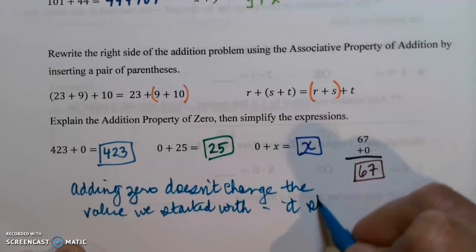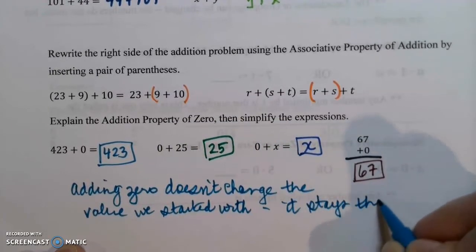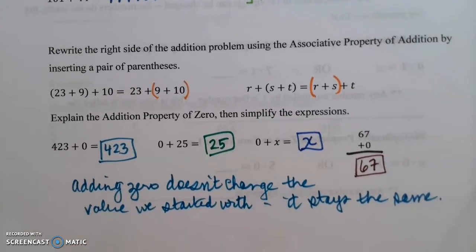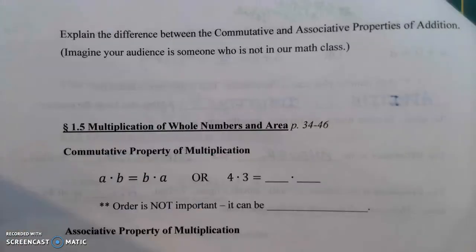It stays the same. Something like that. Right? Because you can think about it as 0 makes no change. There's 0 change happening here when we add 0. All right. I'm going to pause for another moment until I can get my pages flipped over.